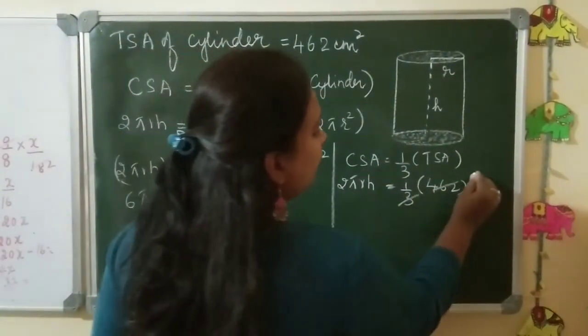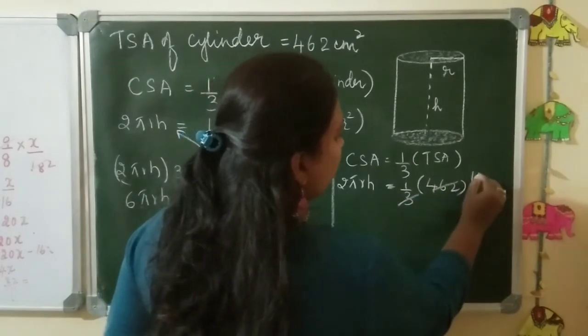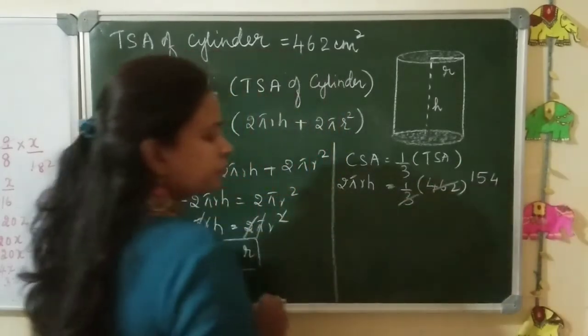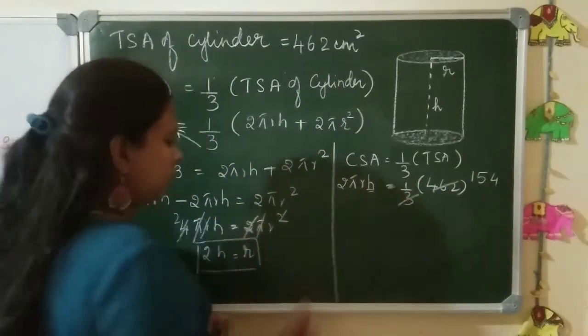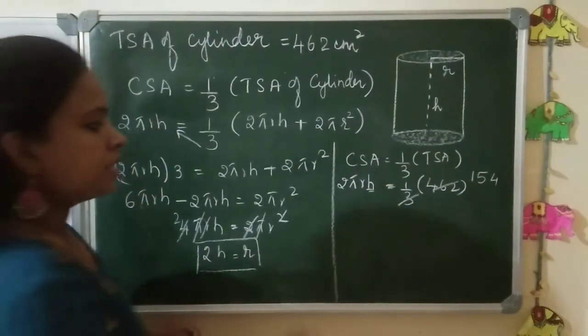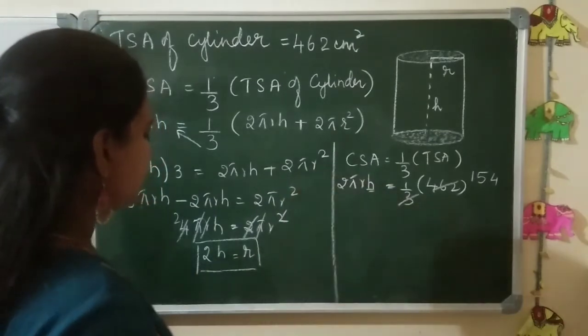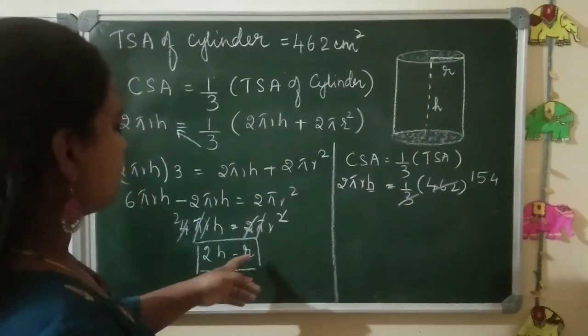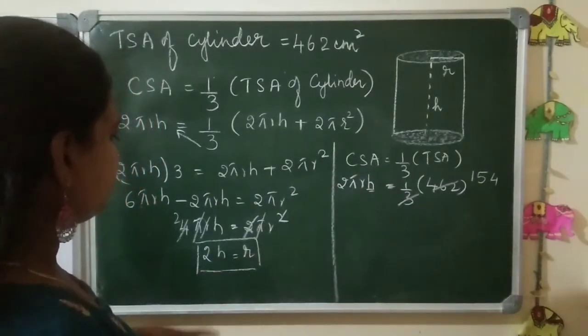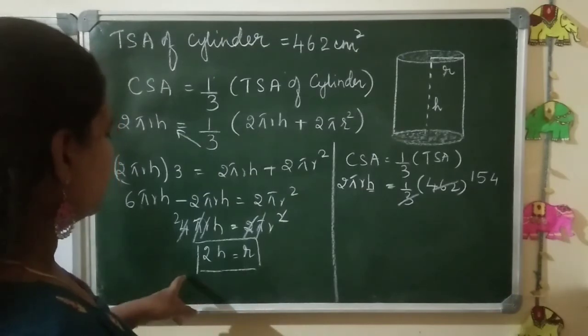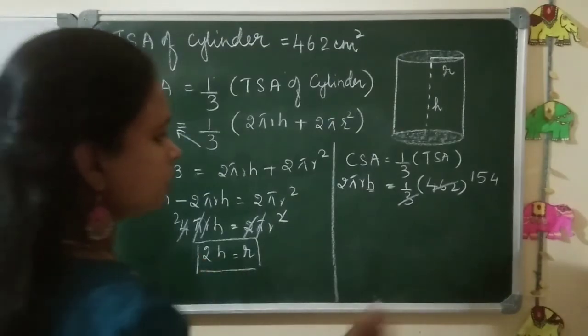When you simplify, here you will get 154. And already we know the value of radius here. So we will substitute: r is equal to twice of h.